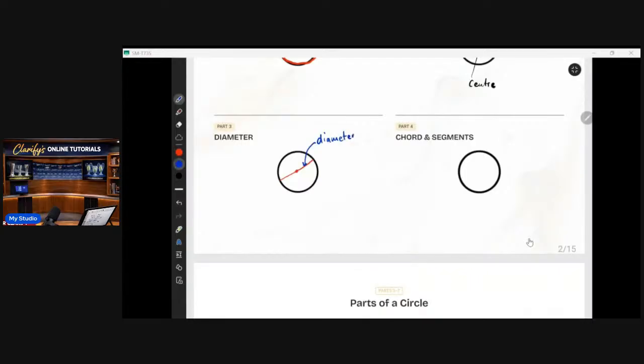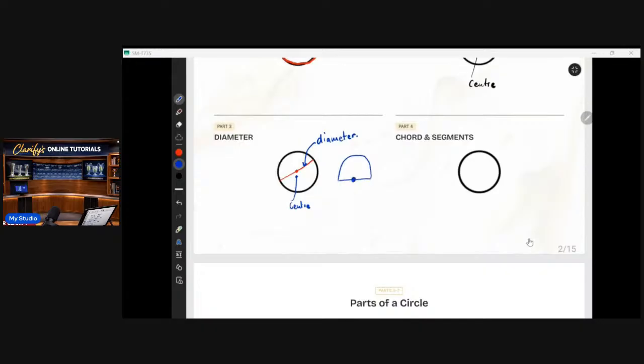So diameter is going to be any line that comes from one side of a circle, passes through the center, gets to the other side. As long as it passes through the center, then it's going to be your diameter. So we need to see the center there for us to see the diameter. Now, this diameter is going to be the only line that can make a circle be split in halves.